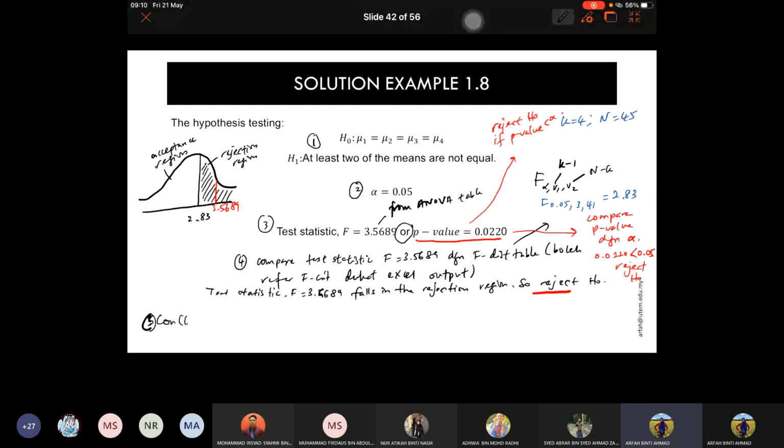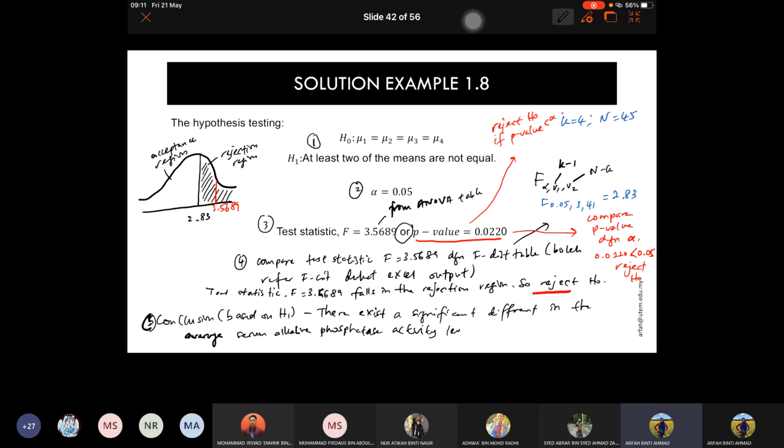Kelima, conclusion, based on H1, kita boleh cakap there exists a significant difference in the average serum alkaline phosphate activity levels.